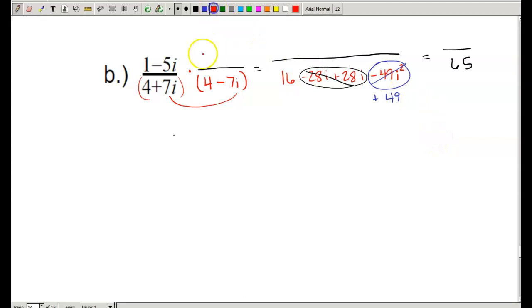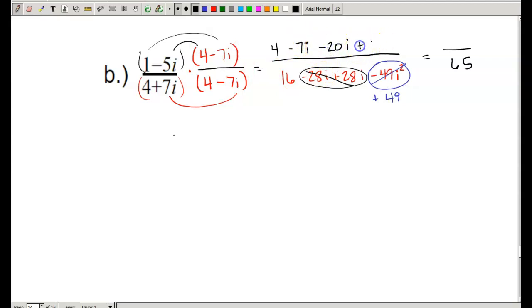Now the top, we have to multiply by the same thing, 4 minus 7i. So we're going to go ahead and multiply all that together. So we're going to have 4, and then minus 7i, and then minus 20i.